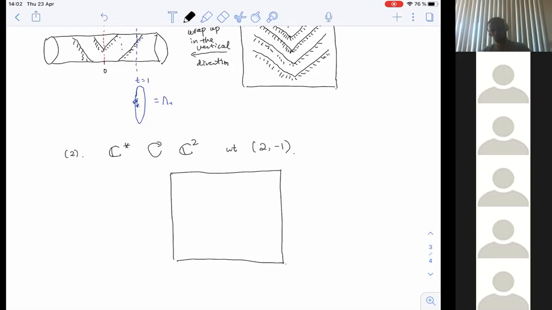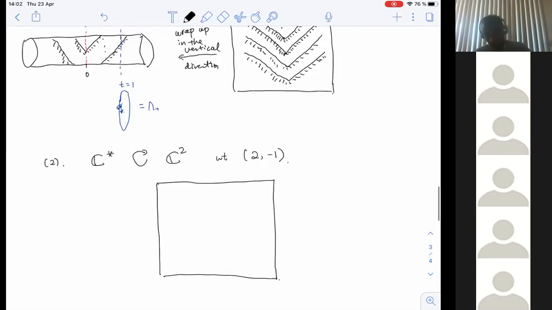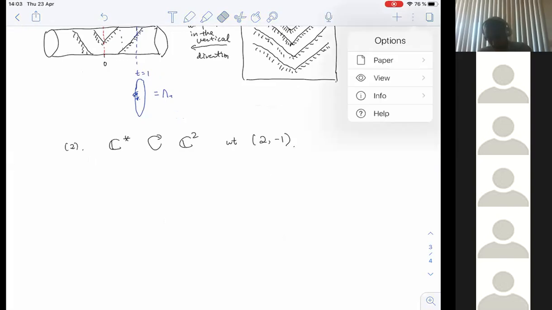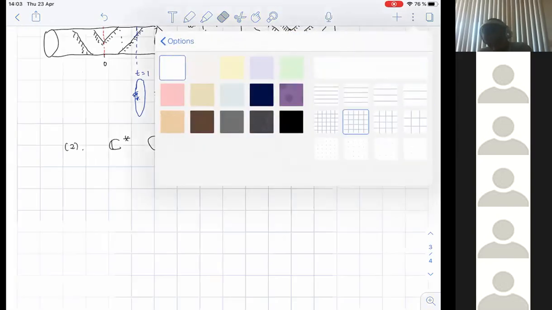So the skeleton looks like the following. I will have to draw it with the help of the grid.